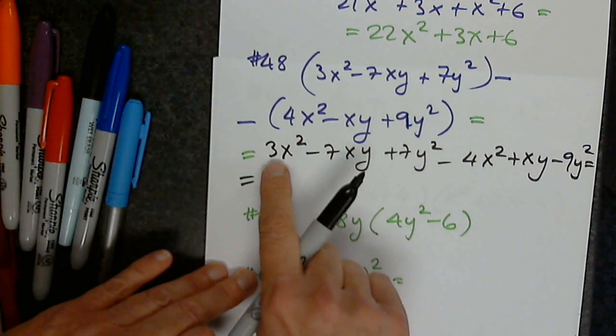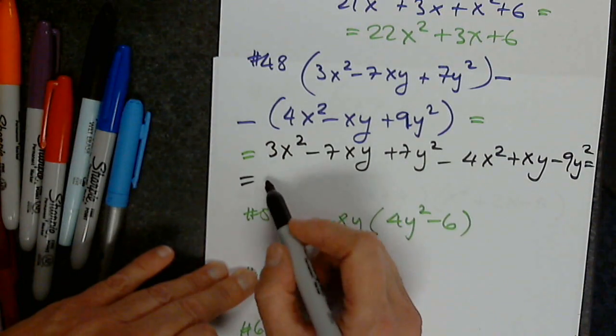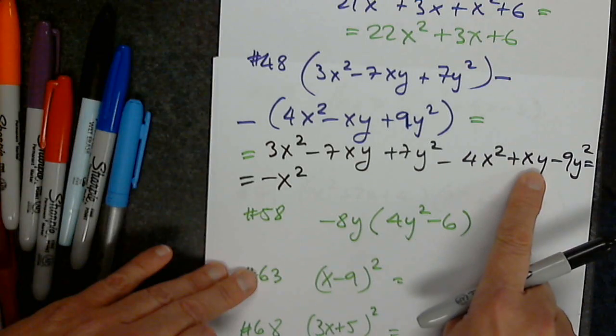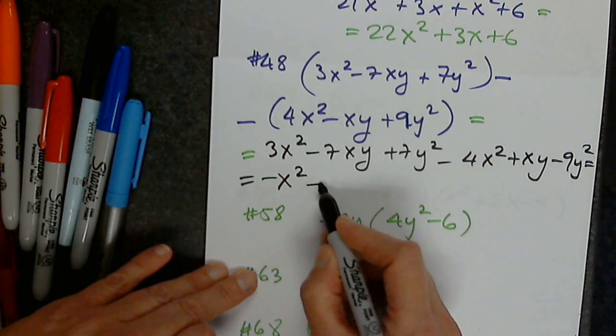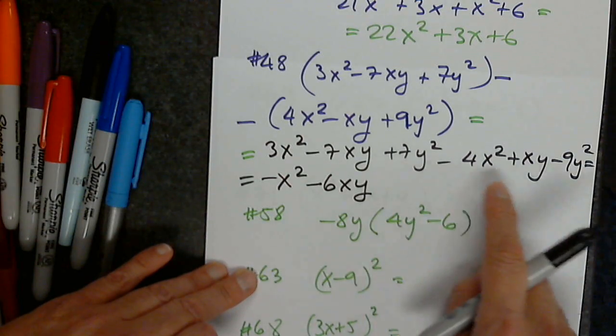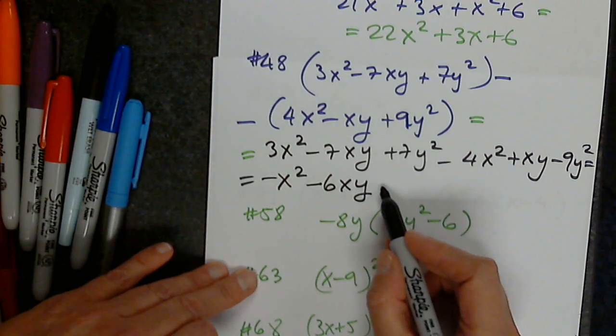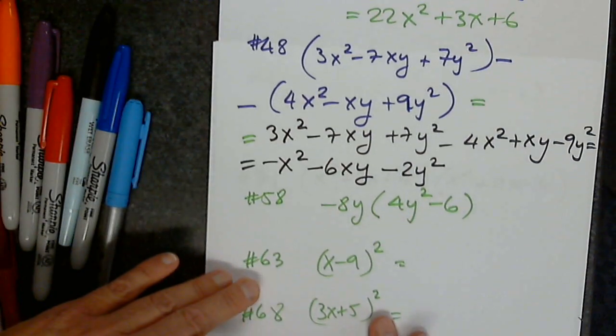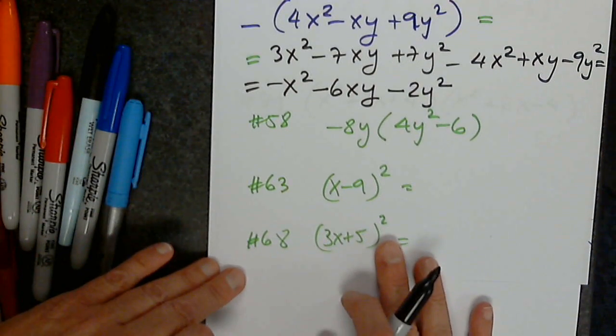So now you said 3x squared with negative 4x squared is negative x squared. I agree. Then negative 7xy with positive xy is minus 6xy. And then 7y squared with negative 9y squared is negative 2y squared.